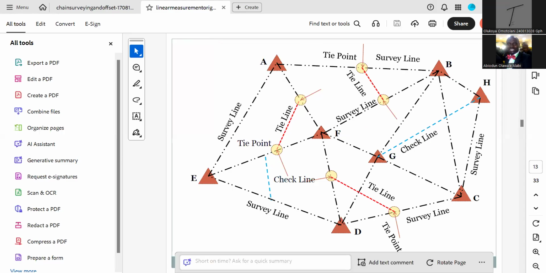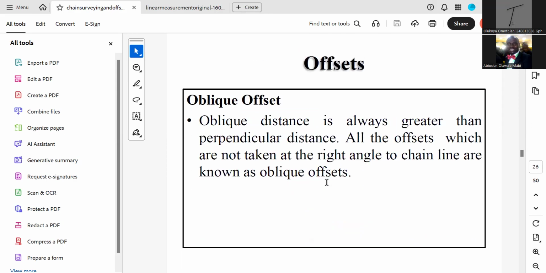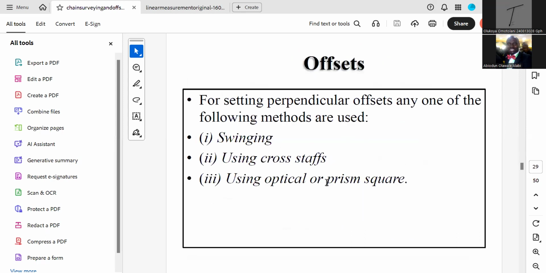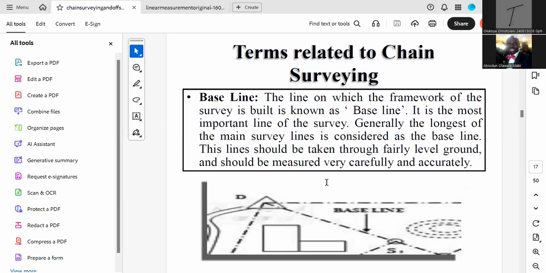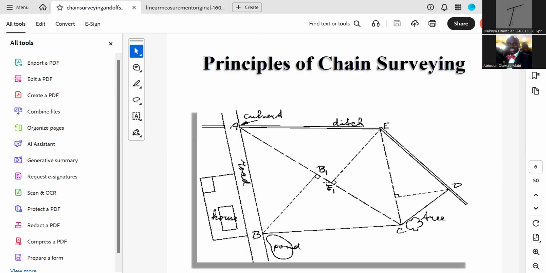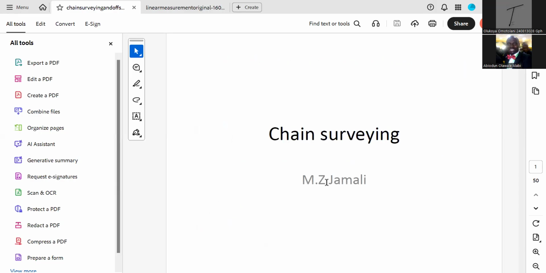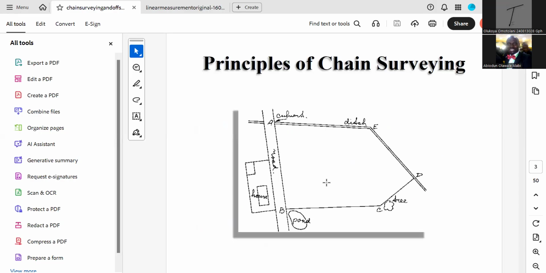Okay, let me go find a better diagram. We can't find a labelled diagram, but anyway, let me use this.